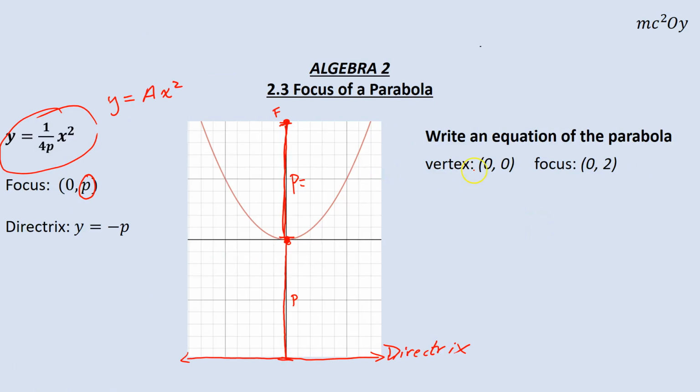So here we're saying it has a vertex of 0, 0, so I'm going to label that. It has a focus of 0, 2, so I'm going to label that. If I want to write an equation, I can use p here because I know that a is equal to 1 over 4p.